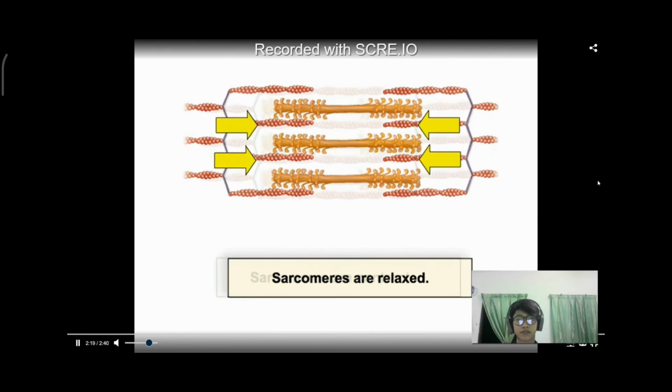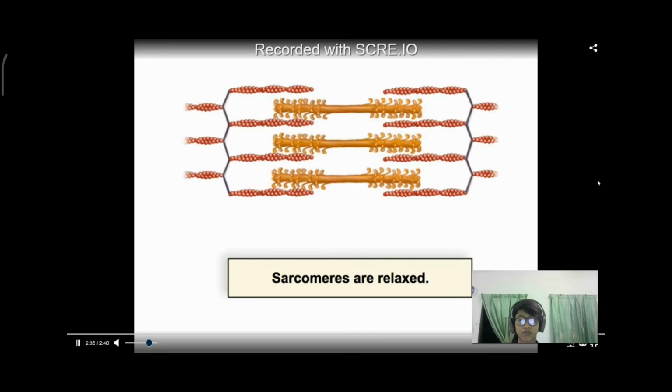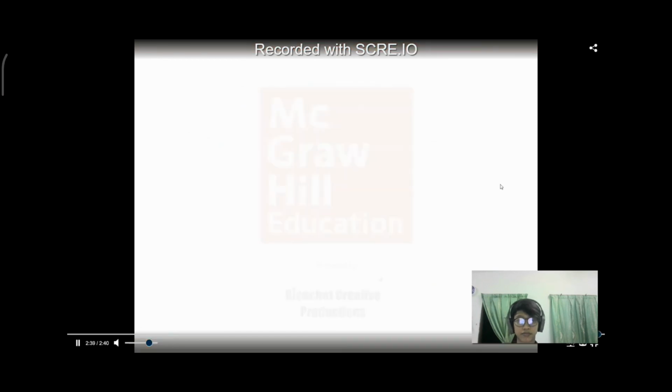If calcium ions are still present, the cycle repeats itself. Each time the cycle is repeated, the actin filaments move closer to the center of the sarcomere. When the nervous system wants to stop muscle contraction, the nerve impulses cease. The calcium ions are then actively transported back into the sarcoplasmic reticulum. The contraction stops, and the muscle relaxes.